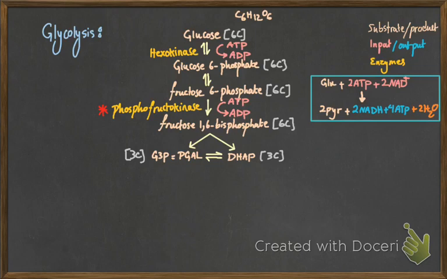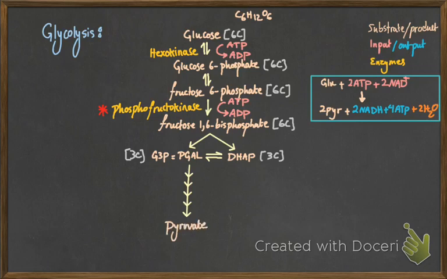Alright, then I have my pGal, which goes through 5 steps, each having their own intermediates and enzymes involved. I'm not writing them down because they're not necessary for the purpose of the DAT. Ultimately, they will give me a pyruvate molecule.